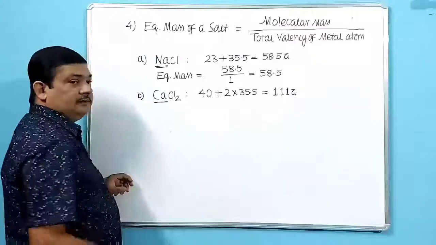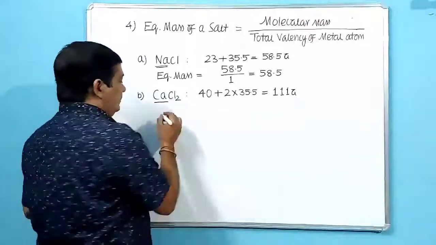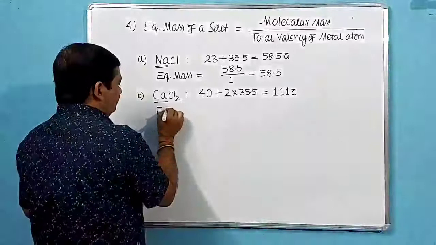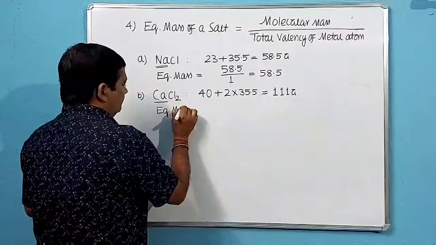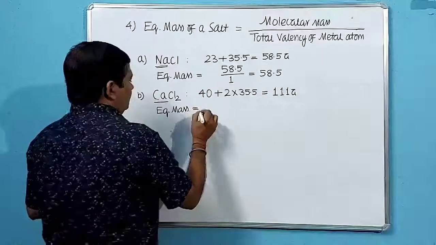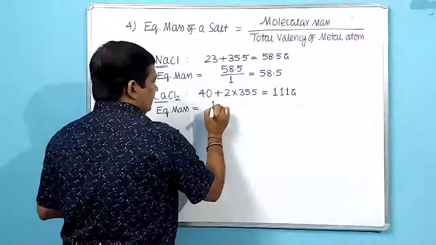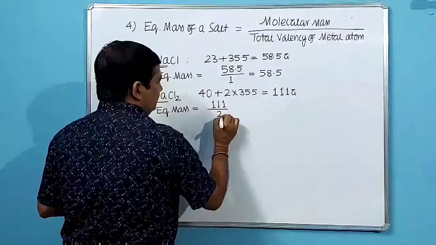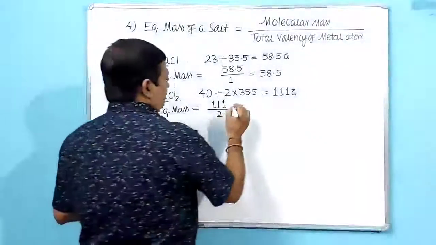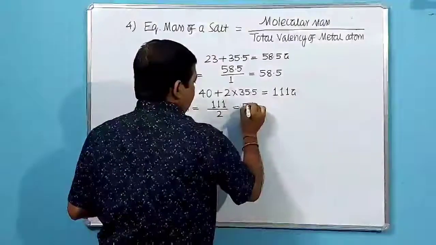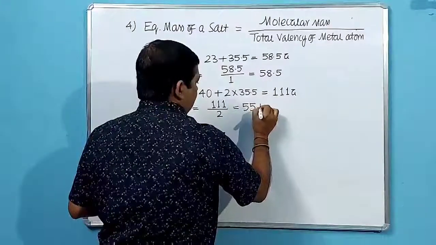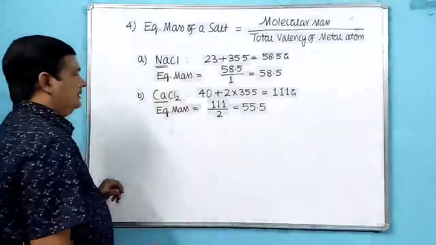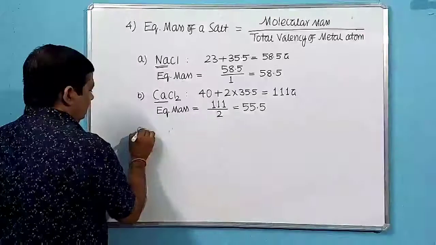Obviously the metallic part is calcium. Valency of calcium is 2. So the equivalent mass is the molecular mass, 111, by valency of metal atom, 2. So 55.5 is the answer.